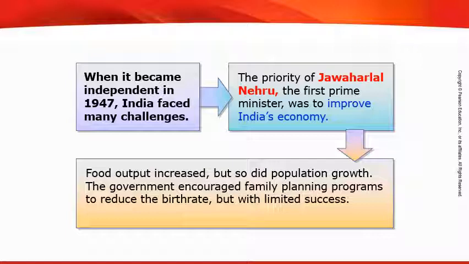But the food output also increased the population growth beyond control. The Government of India encouraged family planning to control the birth rate, but with very little success. India became one of the most populous countries in the world today.